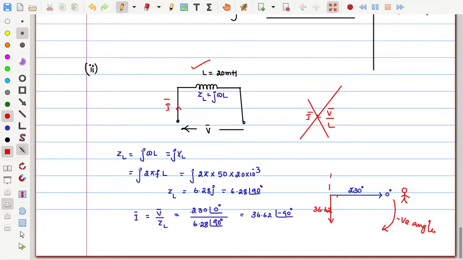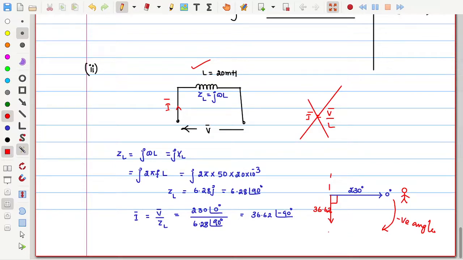Plus only, no madam? 230 divided by 6.28. So the length of this vector is 36.62, but it is occupying the position in the negative direction.